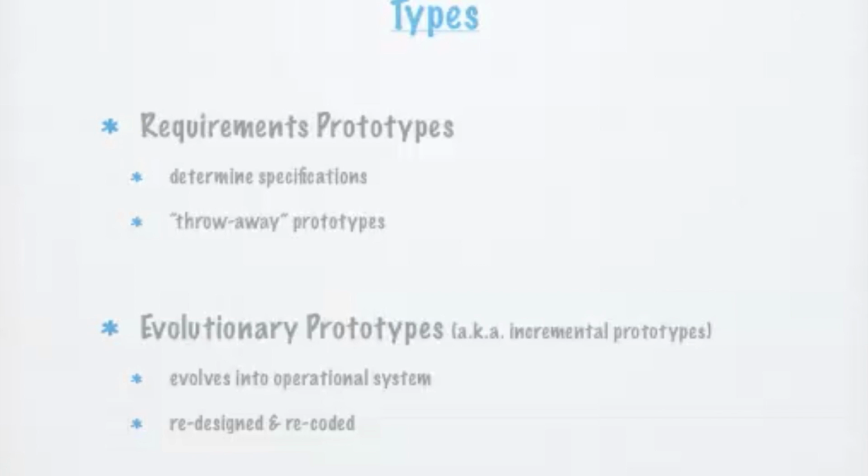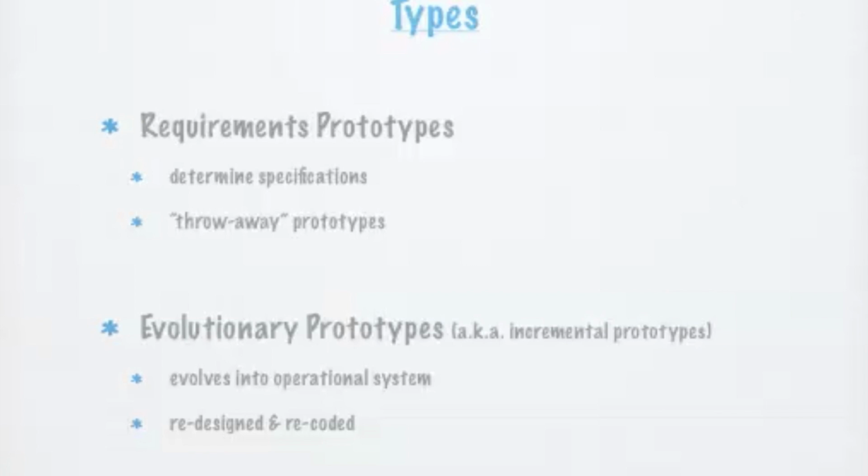Okay, this is just more of the process. The requirements prototype is just determining the specifications, and then those are usually discarded, which leads to why it's referred to as the throwaway prototype, because these do not go into development or anything. These are just prior to the evolutionary prototypes, which are also known as incremental prototypes.